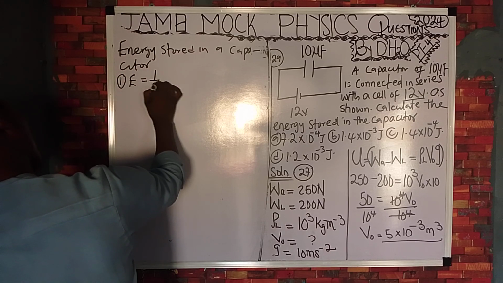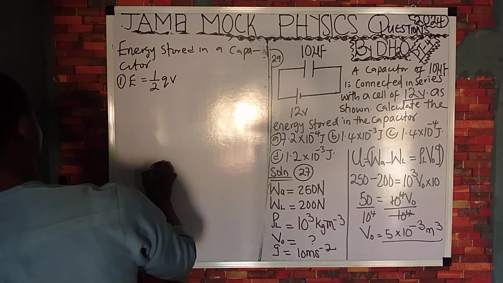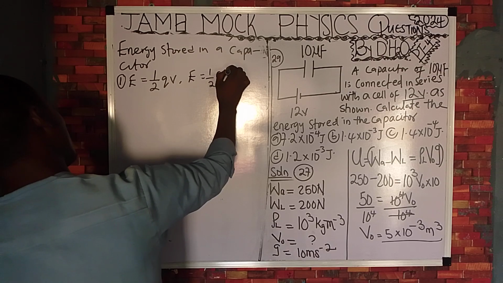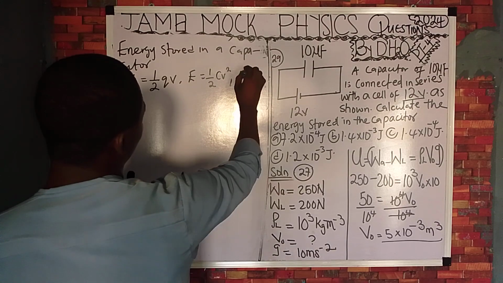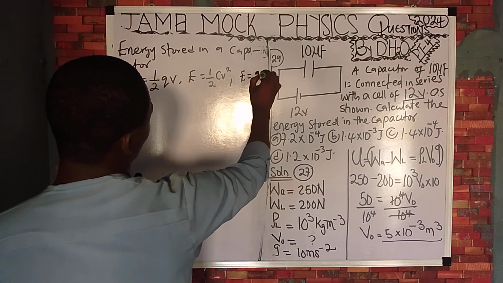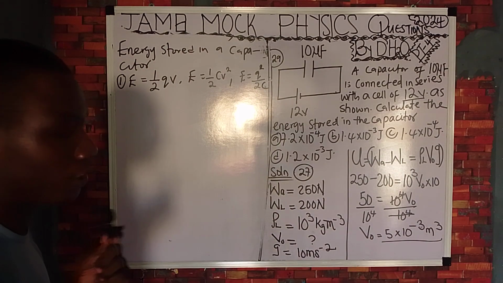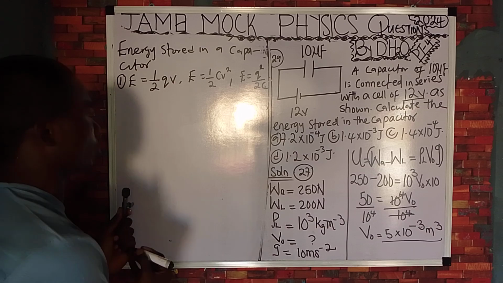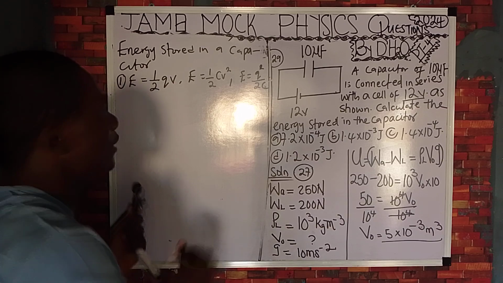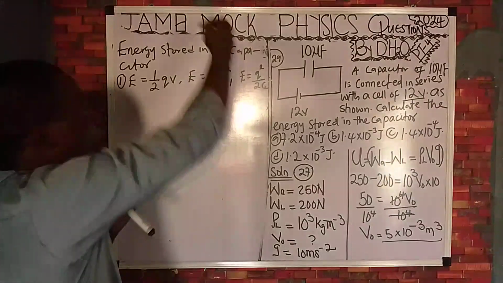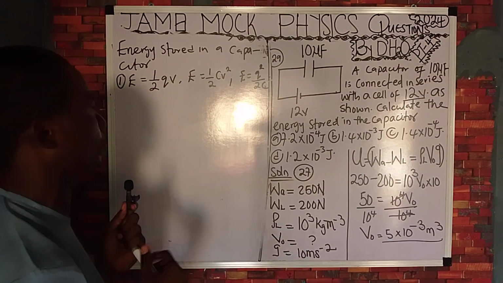Energy is 1 over 2 QV. 2. Energy is 1 over 2 CV square. 3. Energy is equals to Q square over 2C. Now, these are the 3 formulas used to solve the energy stored in a capacitor. Now, let us analyze this question and see the formula that will be convenient in solving this problem.